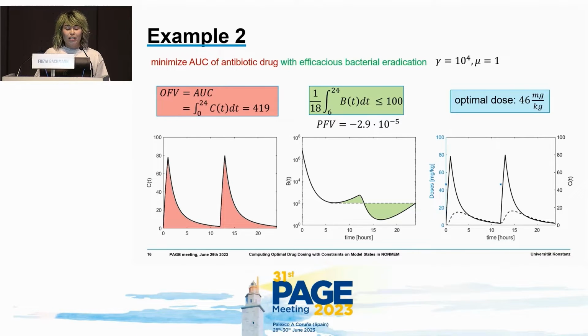Here you see the results. The penalty function value is close to 0. The optimal dose is 46. And again, any lower dose would not result in sufficient bacterial killing. So this is the smallest IUC possible, subject to this constraint.